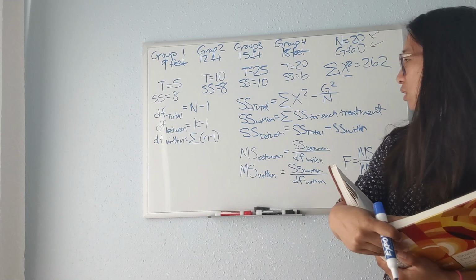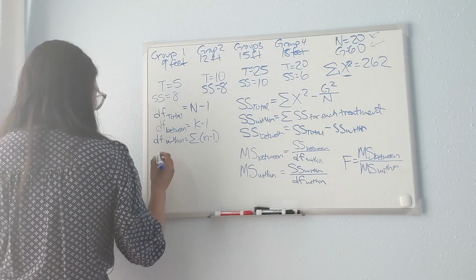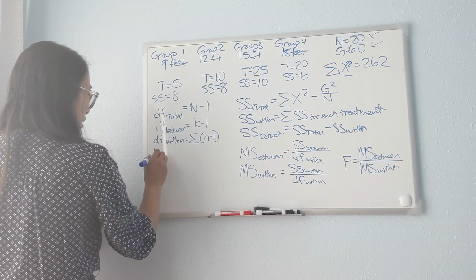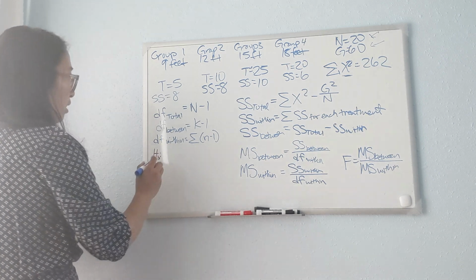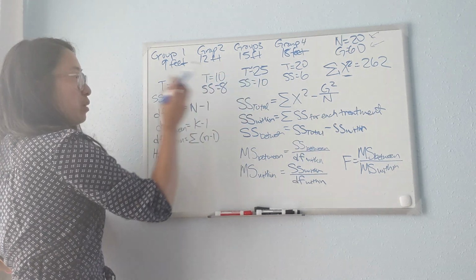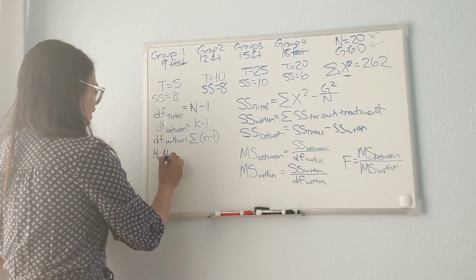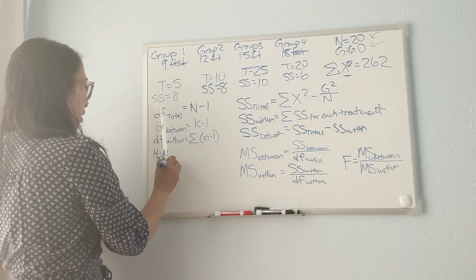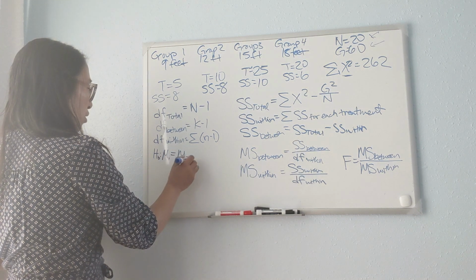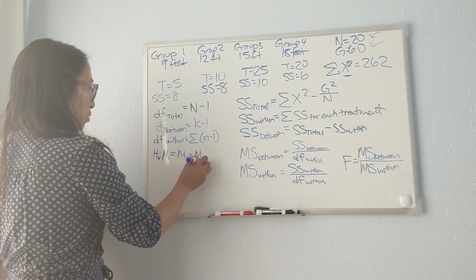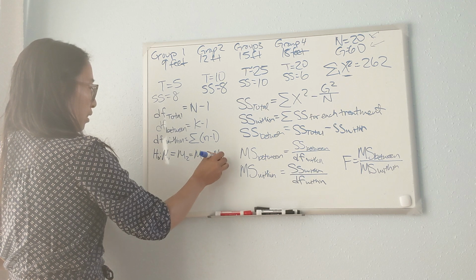I don't have very much room, but I'll write it over here. Our null hypothesis is that the means for each group will be equal. So mean 1 for group 1 will equal mean 2 for group 2, mean 3, and mean 4; they will all be equal.